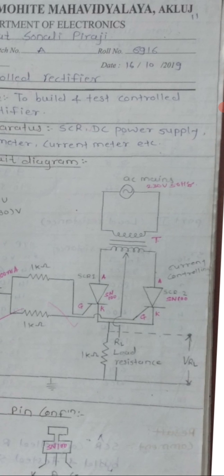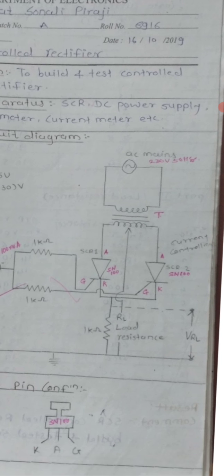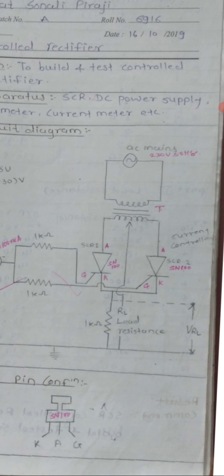Then these SCRs' cathode terminals are connected in common, and a 1 kilo ohm resistor is connected to ground. Across this resistor the voltage VRL is measured, that means the output voltage, the load resistor voltage.